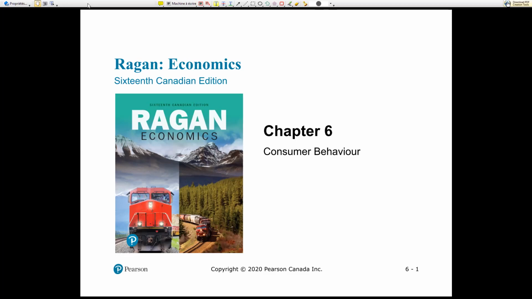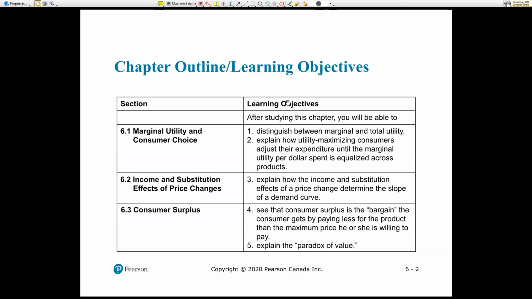All right. So today we see an important topic, consumer behavior. This is again fundamental stuff in economics that's going to be important to you for the rest of your economic life. So let me briefly tell you what we're seeing here.